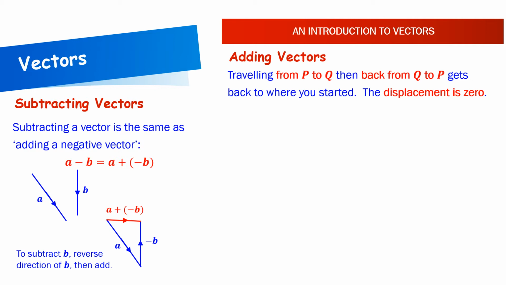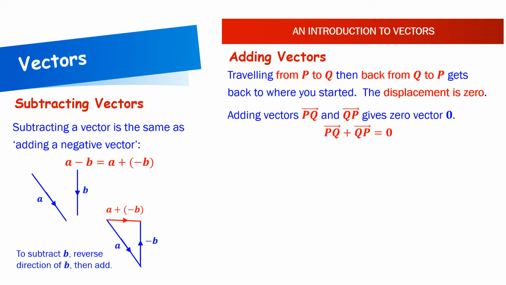Traveling from P to Q, then back from Q to P, gets back to where you started, and the displacement is 0. Adding vectors PQ and QP gives a 0 vector. So PQ plus QP equals 0.